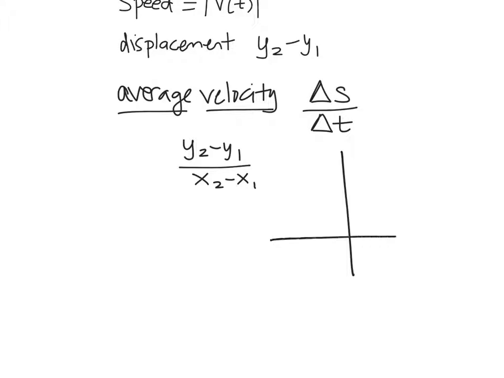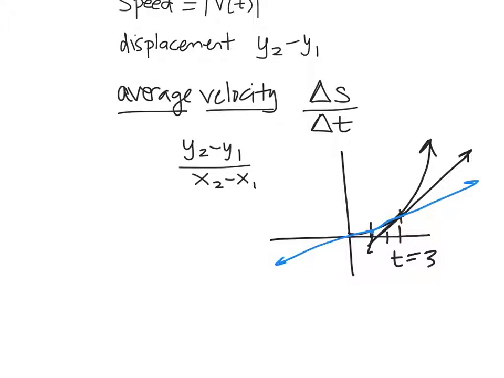So if here's an object and this is how it's moving, and I want you to, at t equals 3, tell me the instantaneous velocity, what you would do is find the slope of the tangent. If I ask you to find the average speed from 1 to 3, what you would do is find the slope of the secant line going through those 2 points. That's average velocity. Average velocity, you have to have 2 different times. Instantaneous velocity is right then, 1 time. Okay? You see the difference?